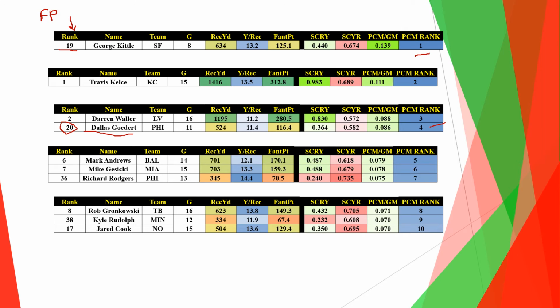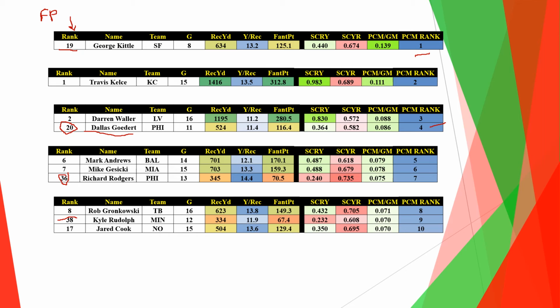Next, we have Andrews, Gasecki, Rogers. Rogers is playing up here per game now. He was 36, so that's interesting. And consider what that means there. So to me, Rogers is of interest. And then we have, of course, Gronk.